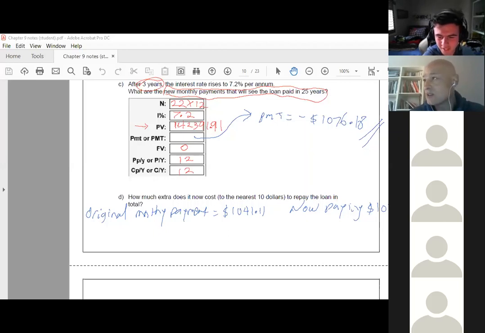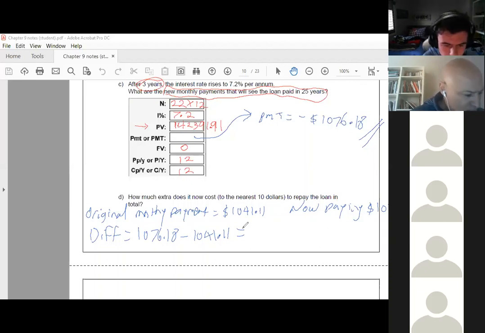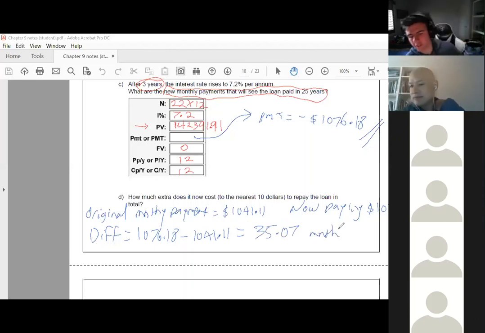So let's work out the difference, because that's the extra bit. The difference equals $1,076.18 minus $1,041.11. I get a difference of $35.07 every month. Hopefully everyone else got the same thing.